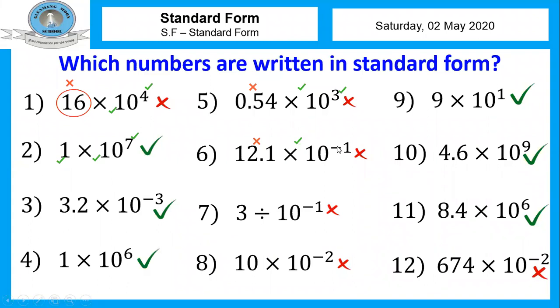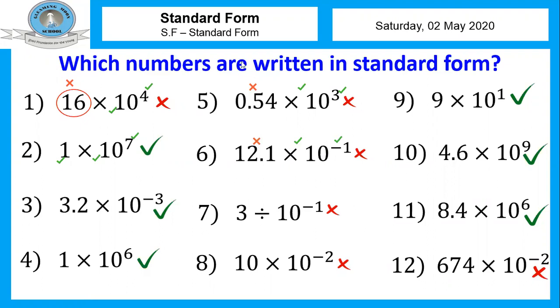Minus 1 is a whole number, but it's a negative whole number. Remember, the power of that 10 will be a whole number, and it can be negative, it can be positive. So minus 1 passes the test.